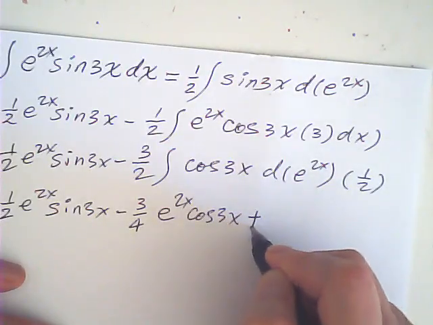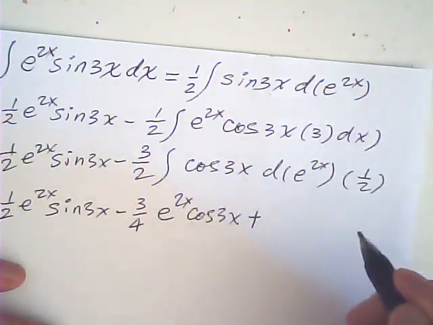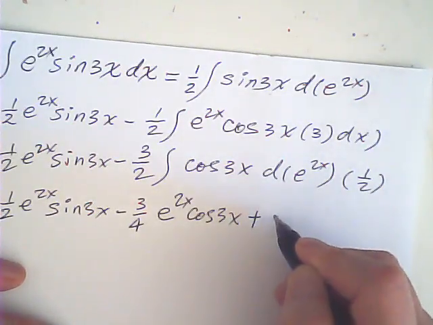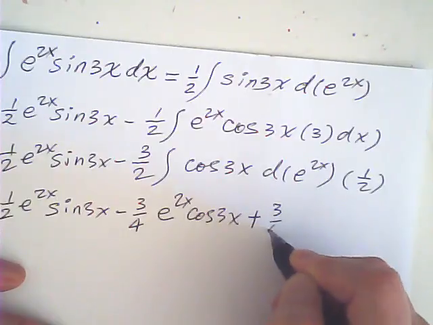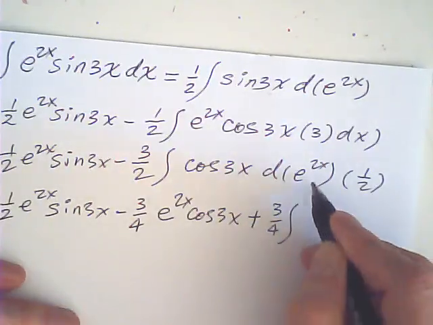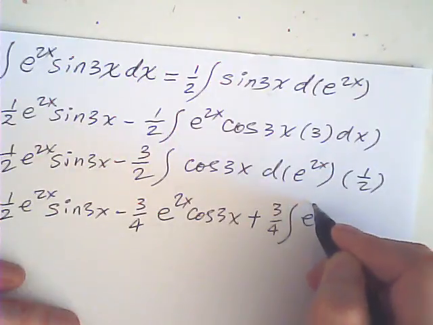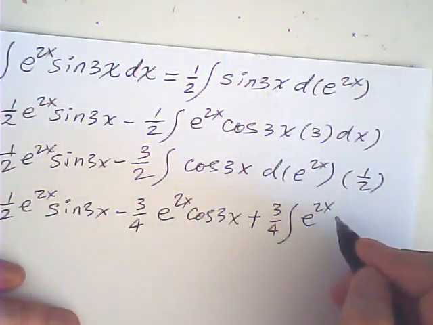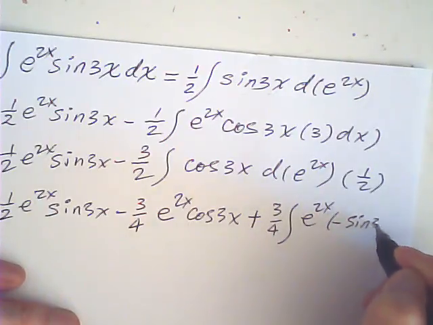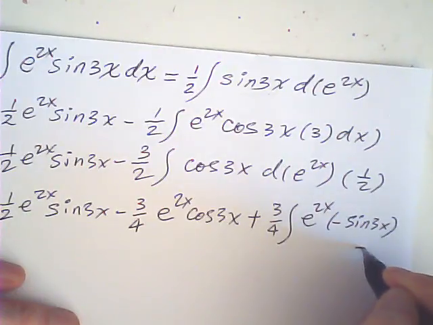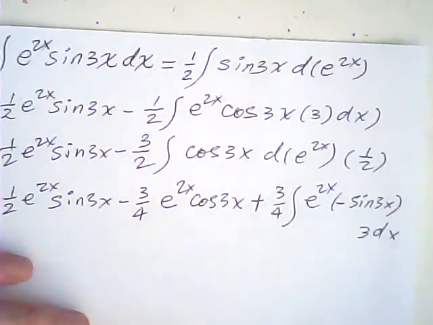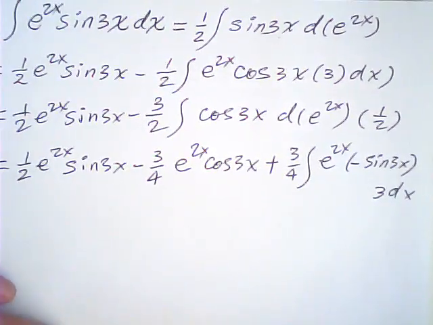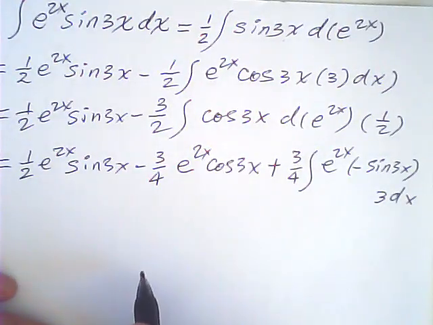Minus becomes plus, right? So yeah, 3/4 integral. This will be e to the 2x, and this derivative is a negative sine 3x times 3 dx. Yeah, good.